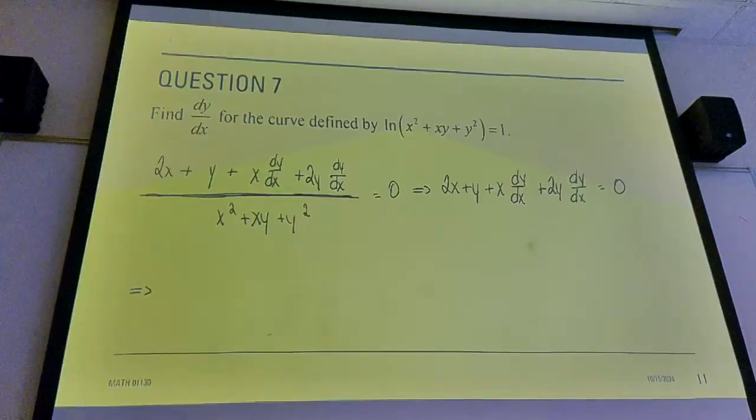When is a fraction equal to 0? When the numerator is 0. Or multiply both sides by that denominator, doesn't matter. It doesn't in this case because we're saying it equals 0. Now what?